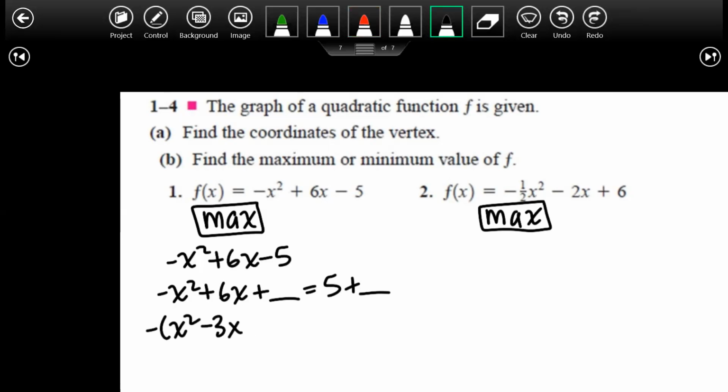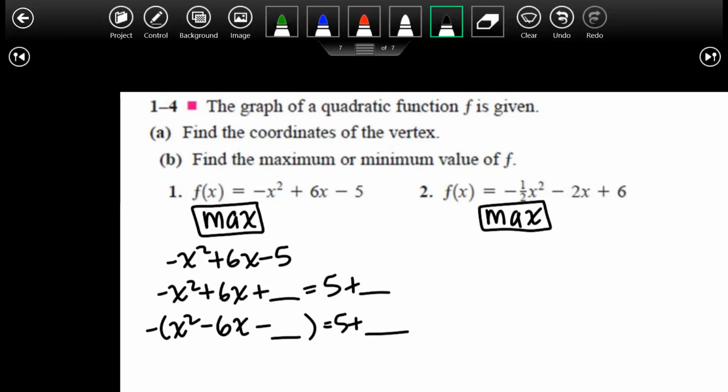Oh, I'm sorry, I was already thinking ahead. I was thinking I was pulling the 2 out. 2x would need to be positive, so it's going to be negative in here. Negatives outside these things are not fine.